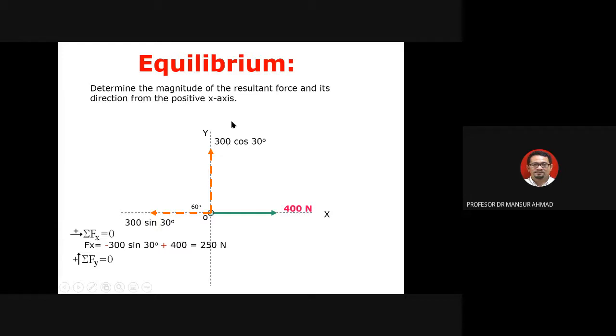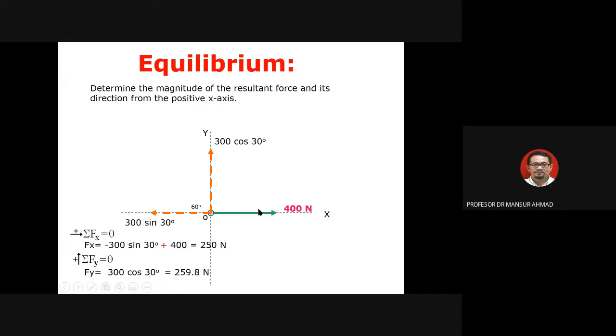So this is positive. In your calculation, you put that in. There's nothing else, just this one. So Fy is equal to positive 300 cosine 30.